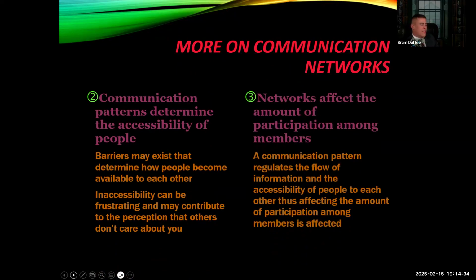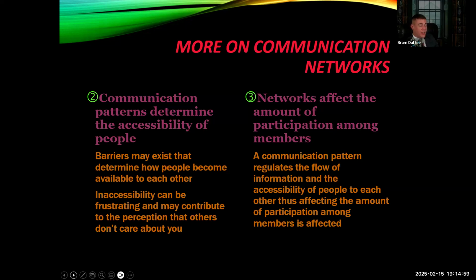Because these communication networks don't just impact who talks to who, they shape how accessible people are to one another and how involved they can be in their conversation. These patterns of accessibility determine not just the flow of information, but also the dynamics of the participation within the group.